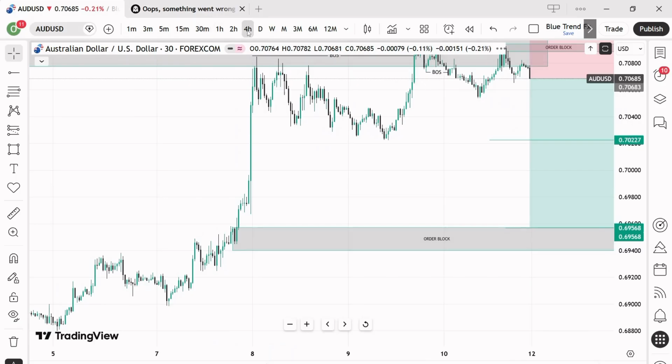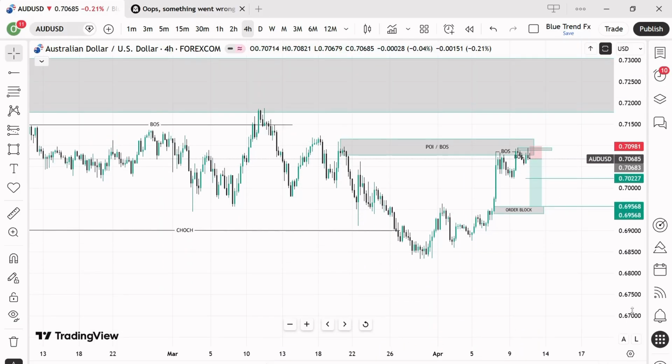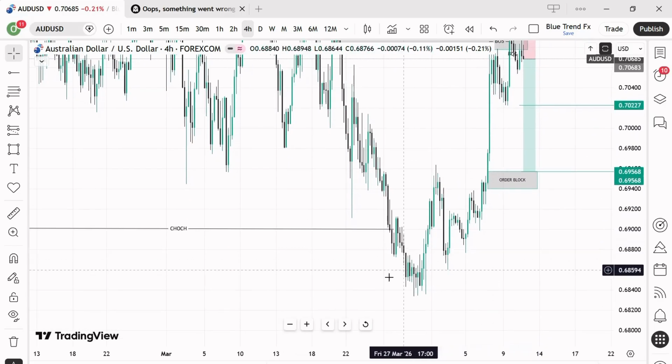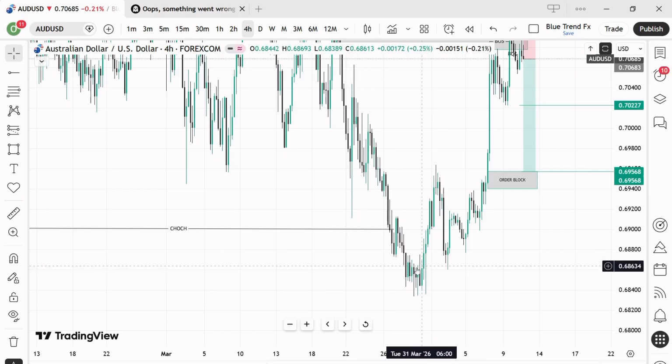Now if we go into 4 hours to see where we should be anticipating a buy continuation for XAU USD. So this right here has been mitigated. Okay.